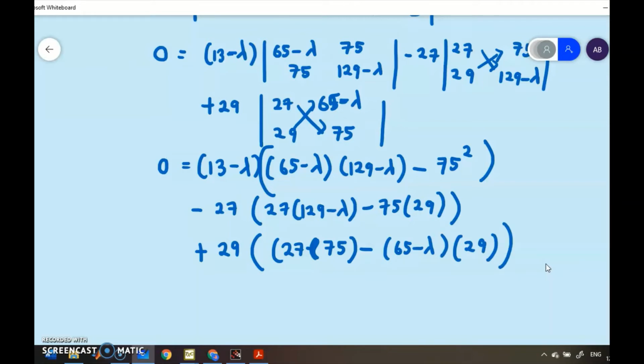So you have to solve this one now. I need to use some tool, a calculator or anything.